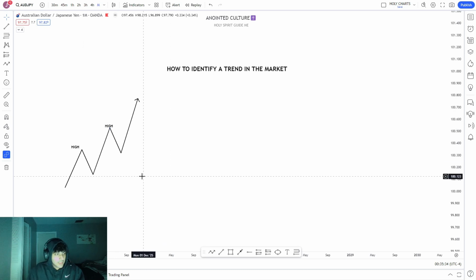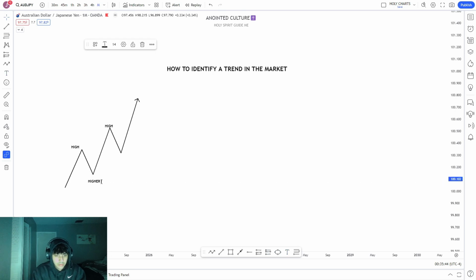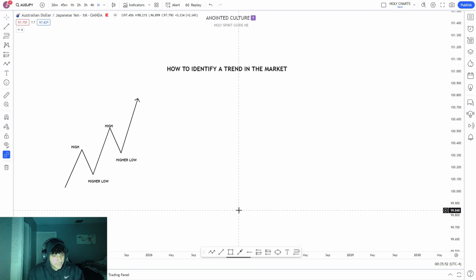Then what comes every time price makes a high, it's always going to make a pullback. So when it makes a pullback, it's considered a higher low. When price is in an uptrend, it shouldn't be breaking higher lows. In some instances, it can, but this is the more simple stuff, so we're not going to get into that right now.